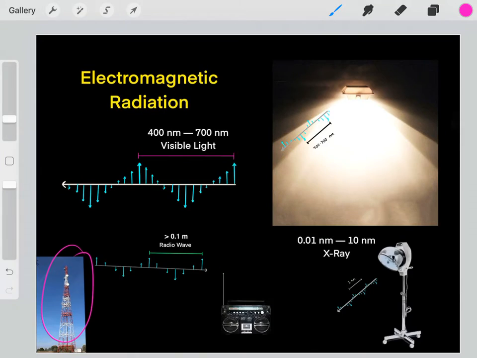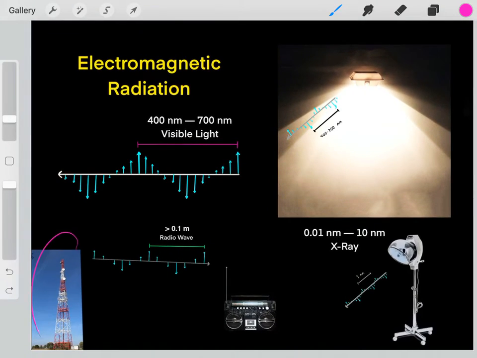So maybe we have this radio tower emitting radio waves. Whenever we have an electromagnetic wave with a wavelength that's larger than 0.1 meters, then by definition, it's a radio wave. Radio waves have wavelengths that are 0.1 meters or larger.